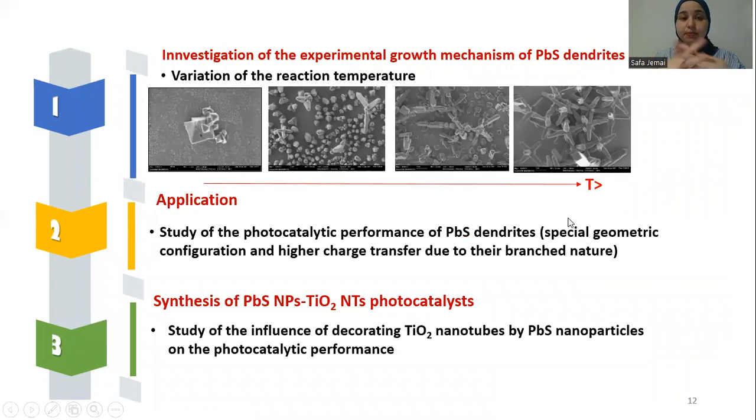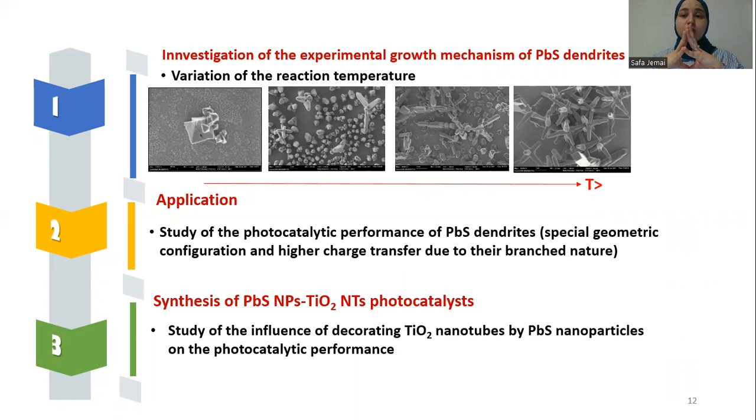As perspectives of our work, we will investigate the growth mechanism of PbS dendrites by varying the reaction temperature. As an application, we will try to study the photocatalytic performance of PbS dendrites, because of their special geometric configuration and higher charge transfer due to their branched nature.